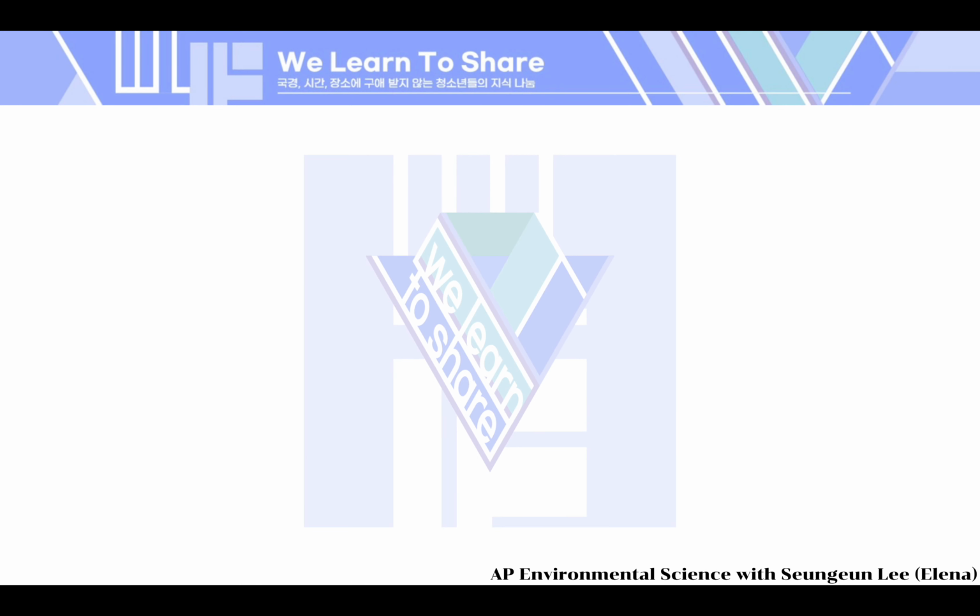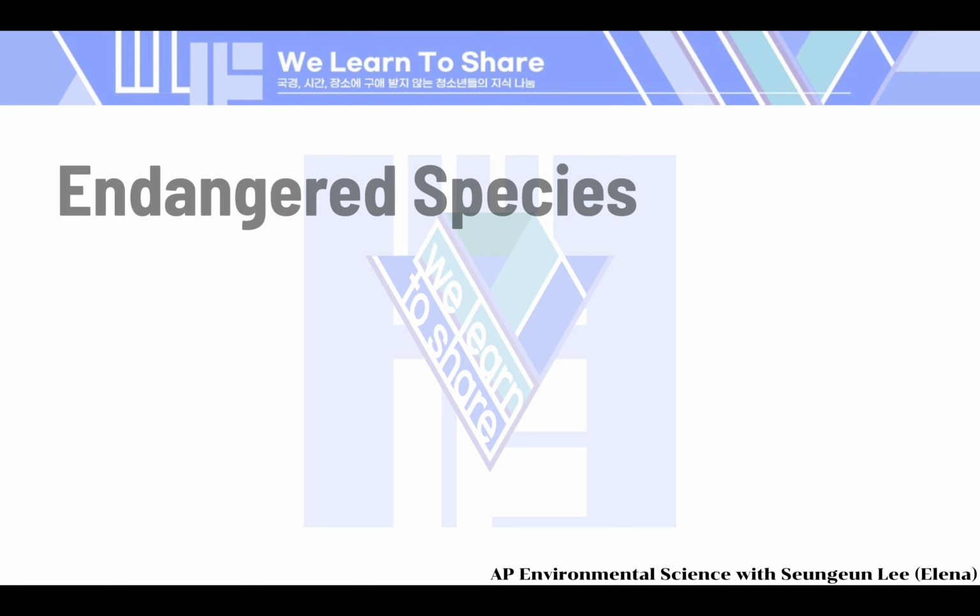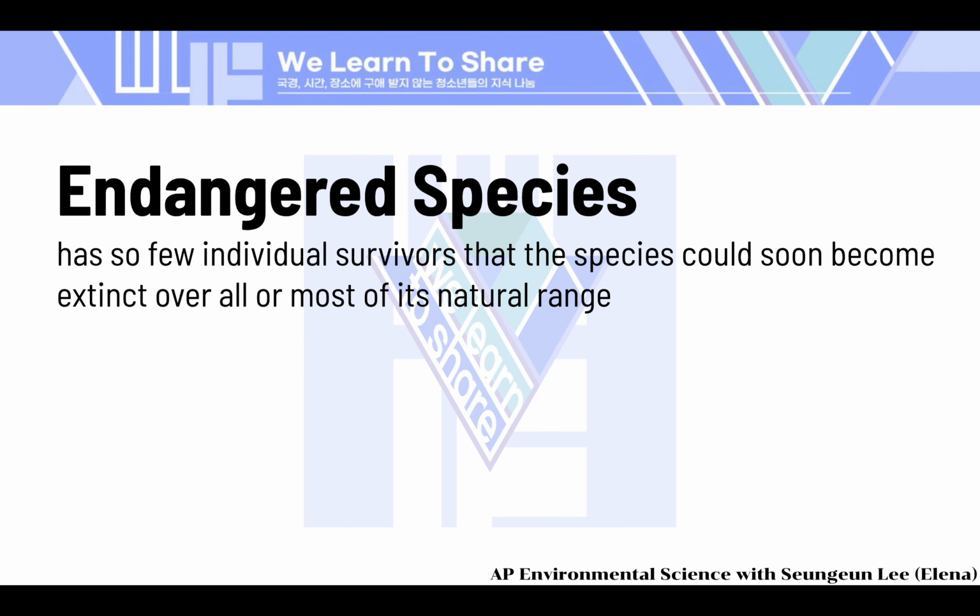And we're gonna look at the concept of endangered species and also threatened species. It's important to distinguish the two. But let's first look at what an endangered species is. Endangered species are those with so few survivors that the species could soon become extinct over all or most of its natural range.